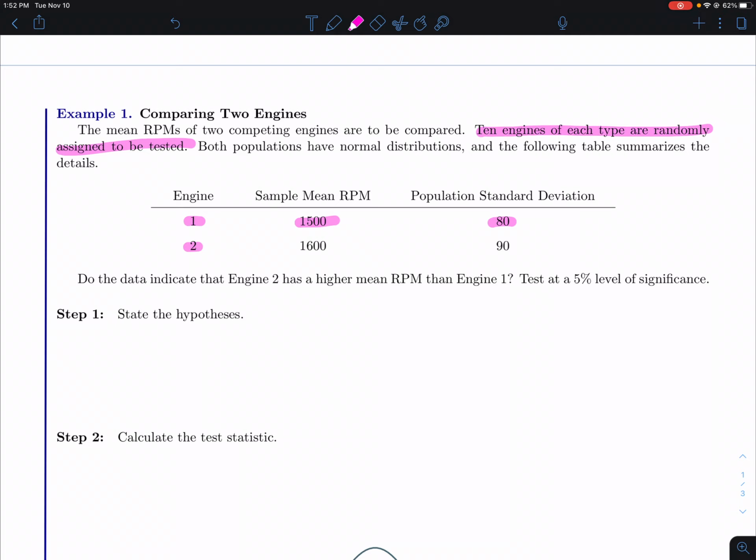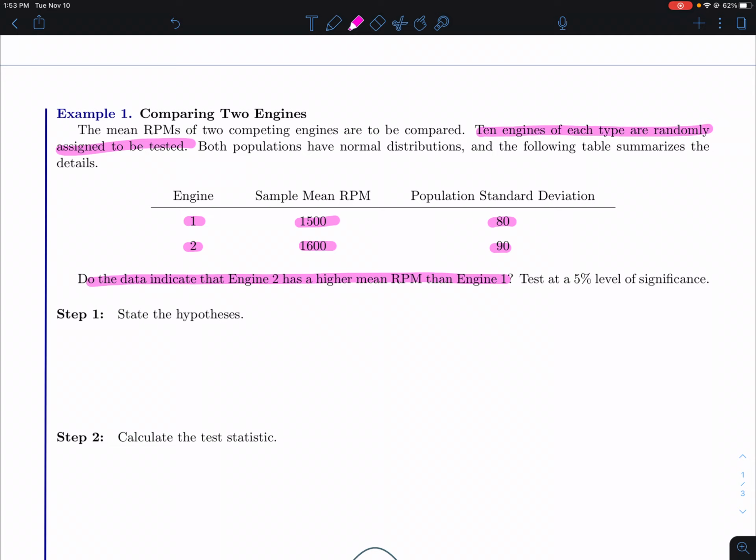Engine 2 had a sample mean of 1,600 with a population standard deviation of 90. Does the data indicate that engine 2 has a higher RPM than engine 1? Test at the 5% level of significance.